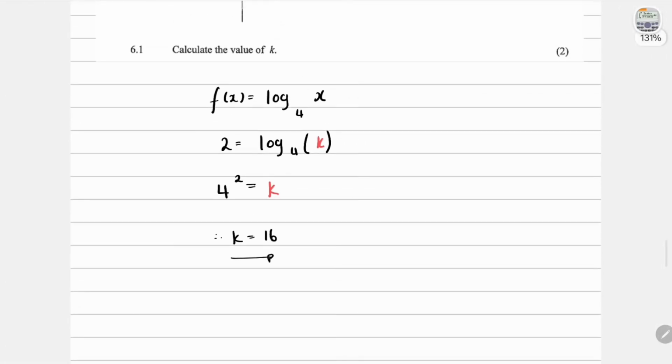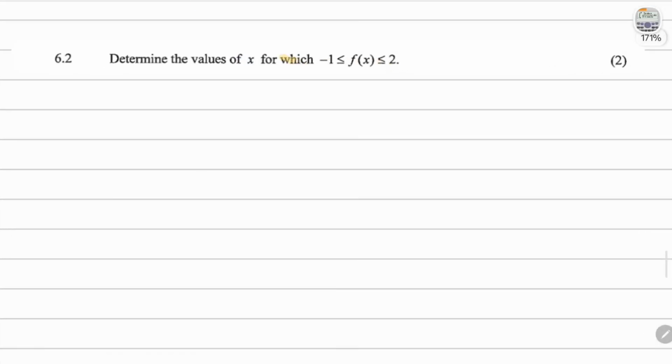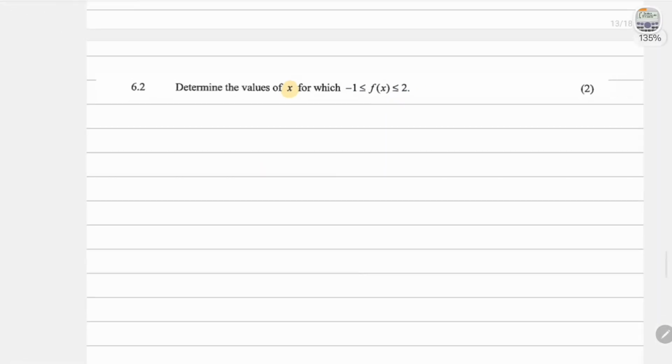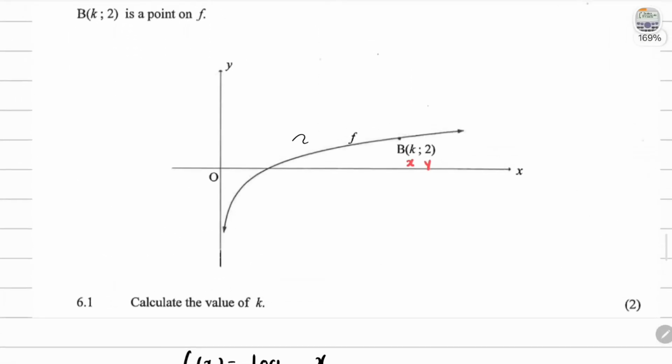Moving on to the next question. Question 6.2 says, determine the values of x for which f of x is greater than or equal to -1, but less than or equal to 2. So we need to find out where f of x, which is the y values of this graph, would be greater than or equal to -1.